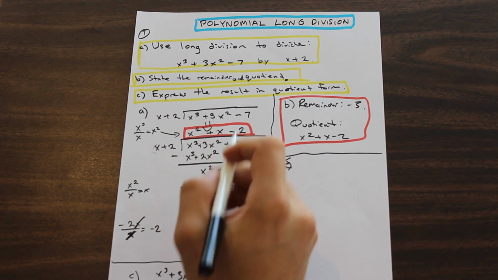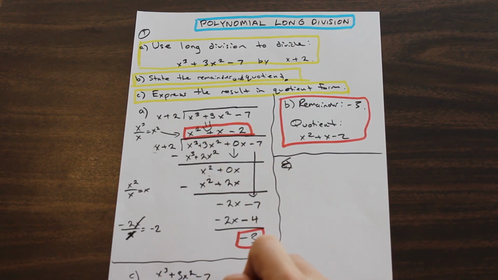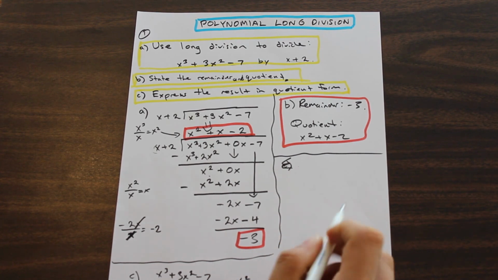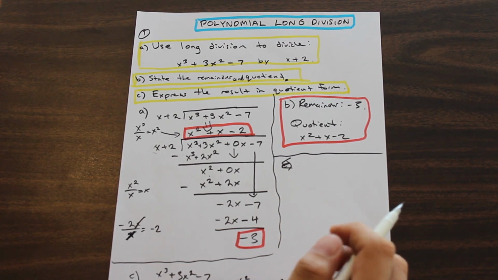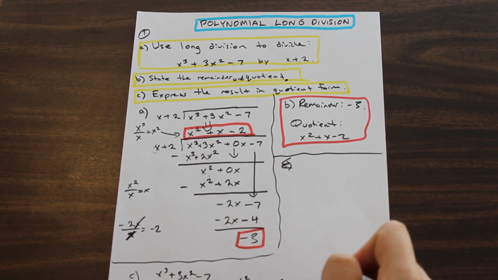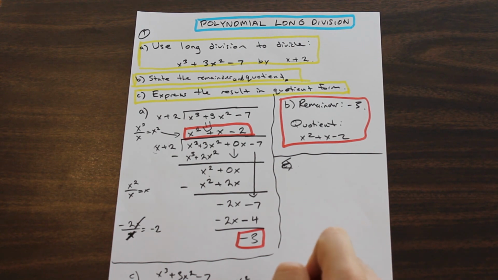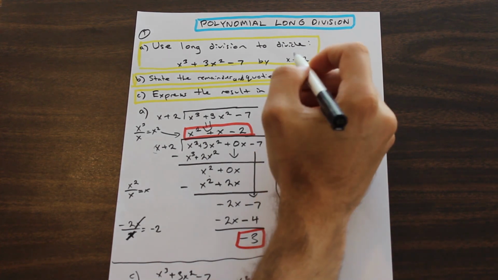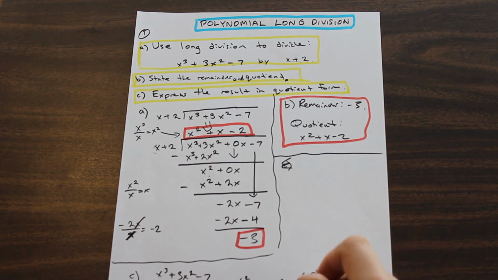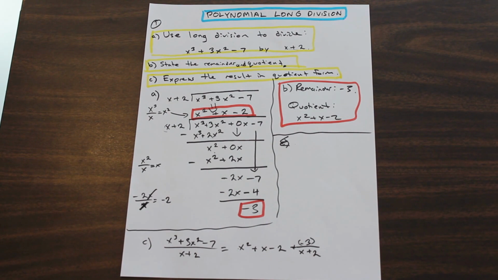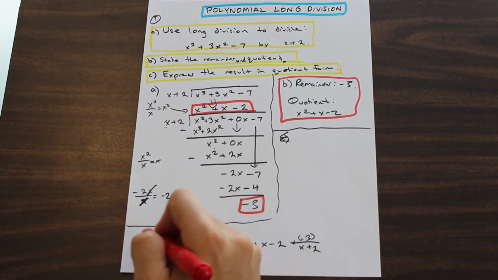We can now express that as the quotient we got, x squared plus x minus 2. To express the remainder, we take it and put it as the numerator, negative 3, and divide that by the denominator of the initial expression, which is x plus 2. That's how we express it in quotient form.